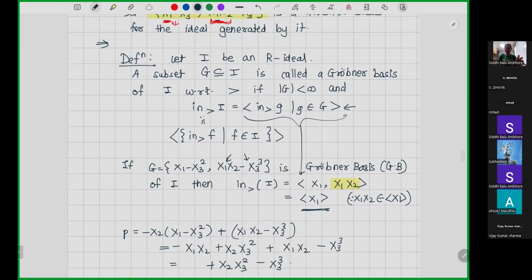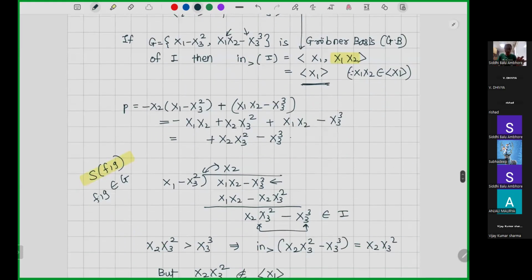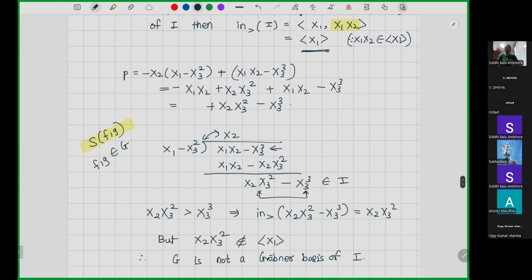I want to ask, given any set of polynomials, how to ensure that it is a Gröbner basis for the ideal generated by it? There is something called the Buchberger algorithm, which you will learn in next week's syllabus.